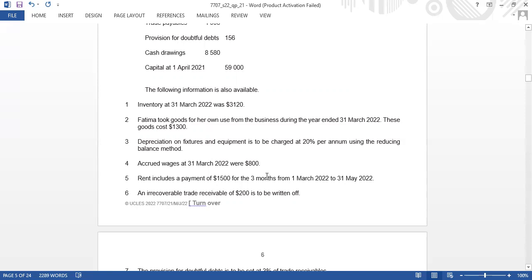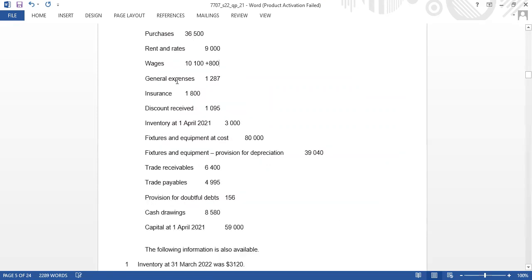So we'll deduct, as our year end is 31st March, 1 month would be written in the income statement and 2 months rent would be prepayment. We'll deduct 2 months payment from the rent payment. That means from rent we have to deduct 1500 divided by 3 times 2.